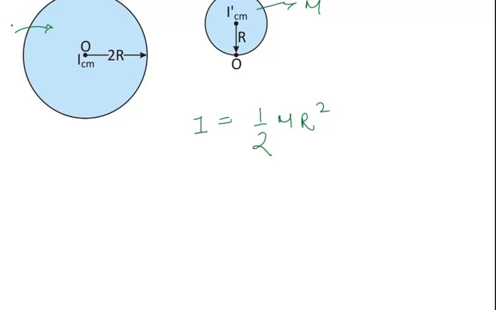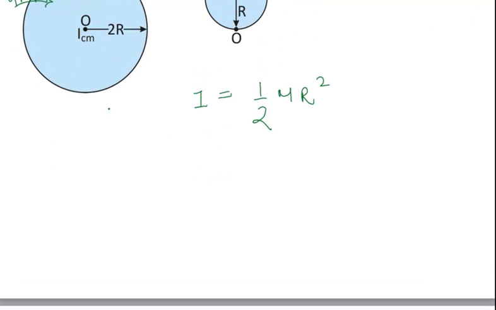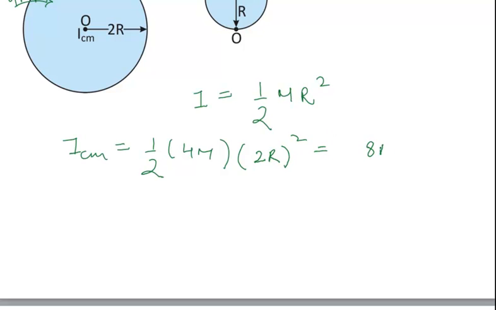So the moment of inertia about the center of mass of the bigger disk is ICM equal to half times 4m times (2r) square, which is 8 m r square.